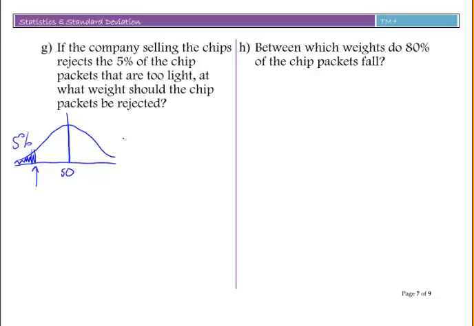Now using my table, I can only look at the values between the mean and the z-score. So that's my z-score there. This is my 5%, so that means this area in here is 45%, or 0.45.